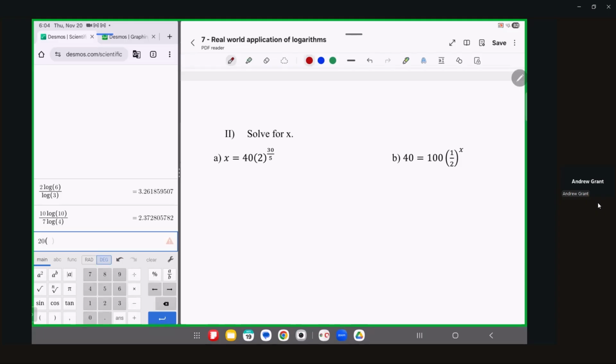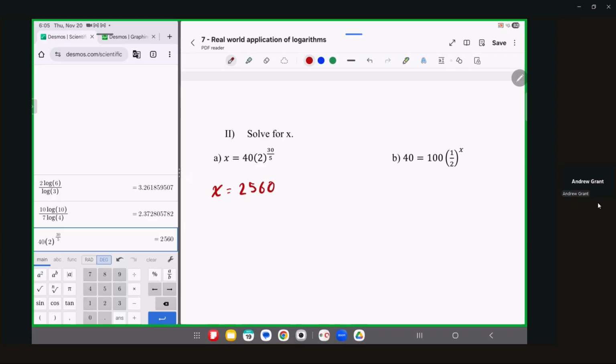We can just type this in as we see it. So this will be 40 multiplied by 2 to the power of an exponent, 30 over 5.